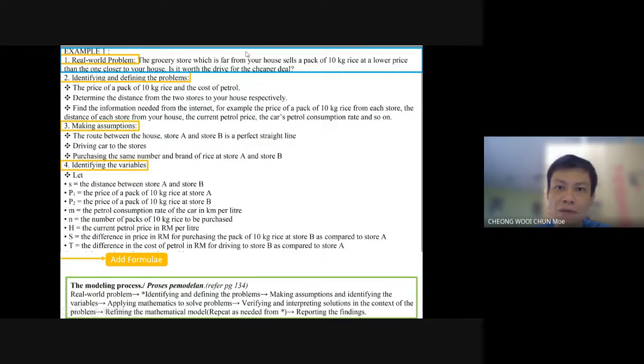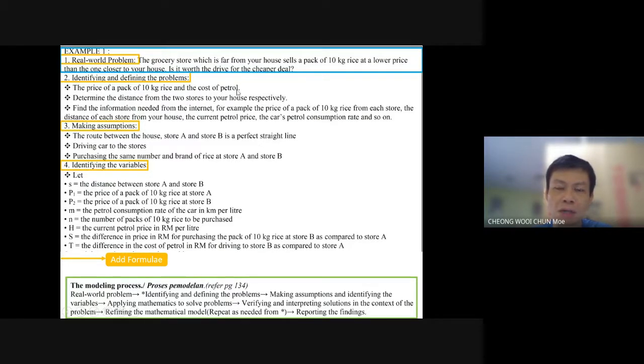Okay, given from the question, they want to know the price of a pack of 10 kg of rice and then the cost of petrol. The 10 kg rice, and then to drive there we need petrol. Determine the distance from the two stores to your house respectively.